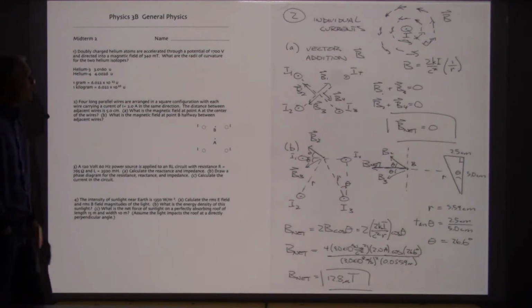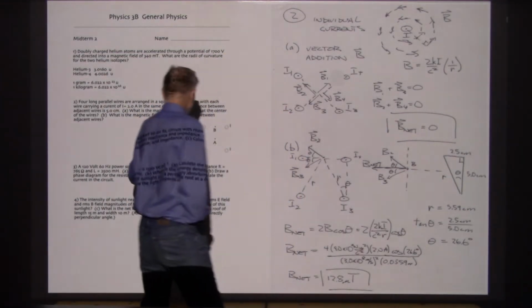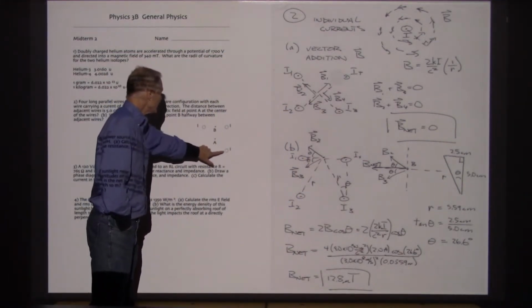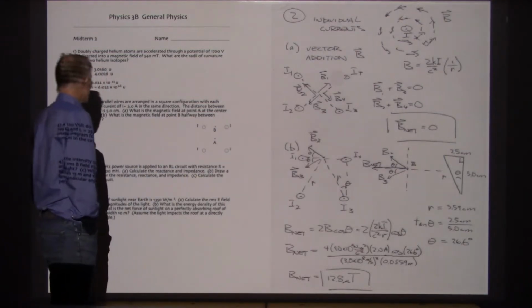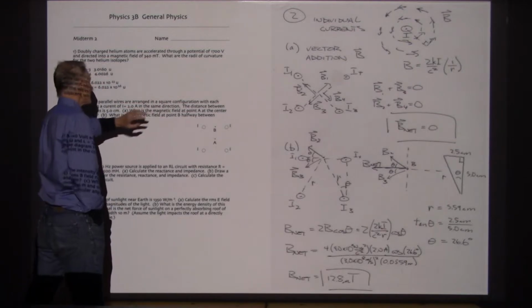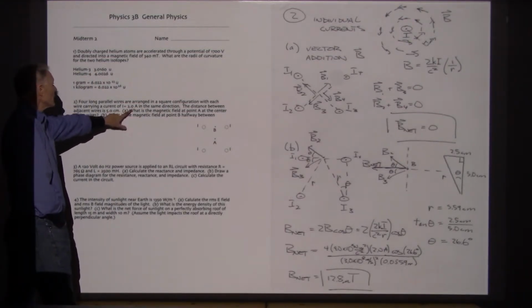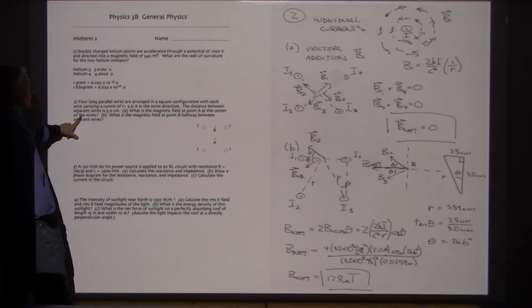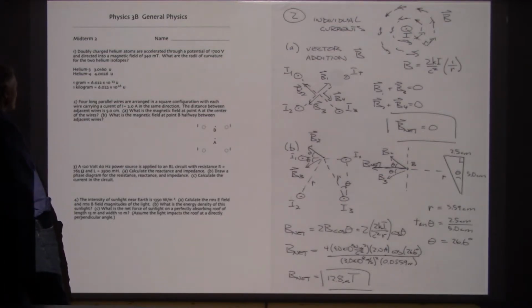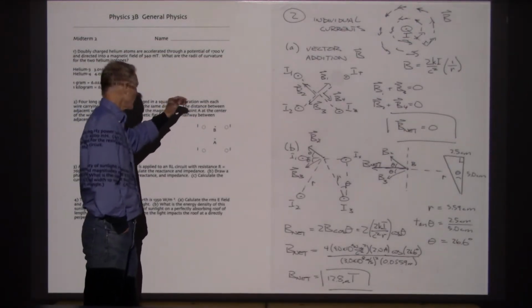And so here what we're looking at is we've got 4 different wires. Now these wires are arranged in a square configuration. Each one has a current of 2 amps and they're all moving in the same direction. The distance between the wires is 5 centimeters. This was like a homework problem.